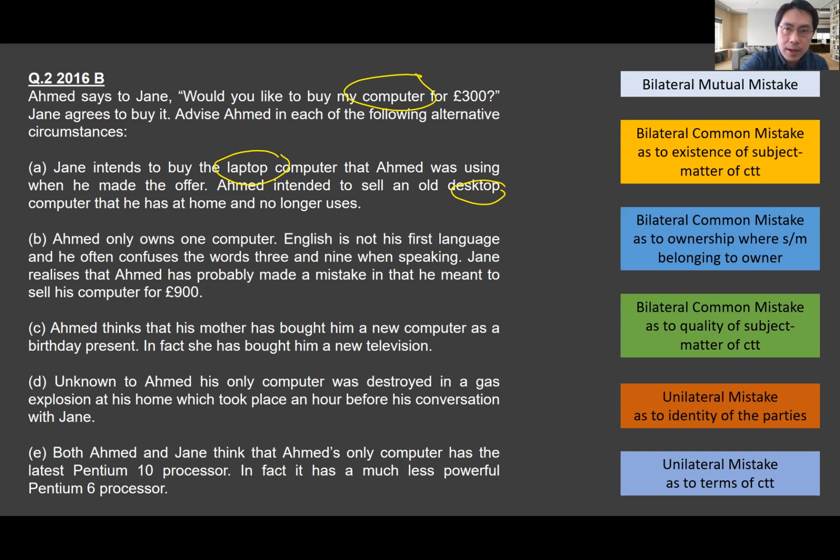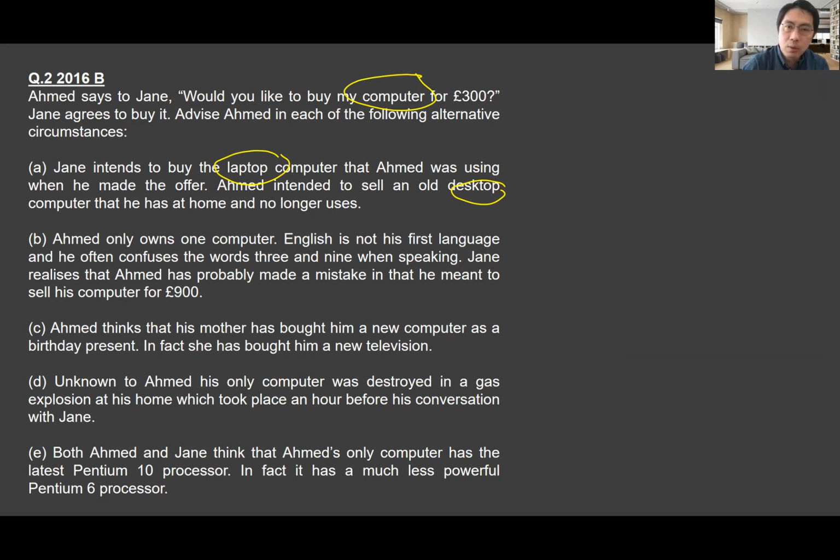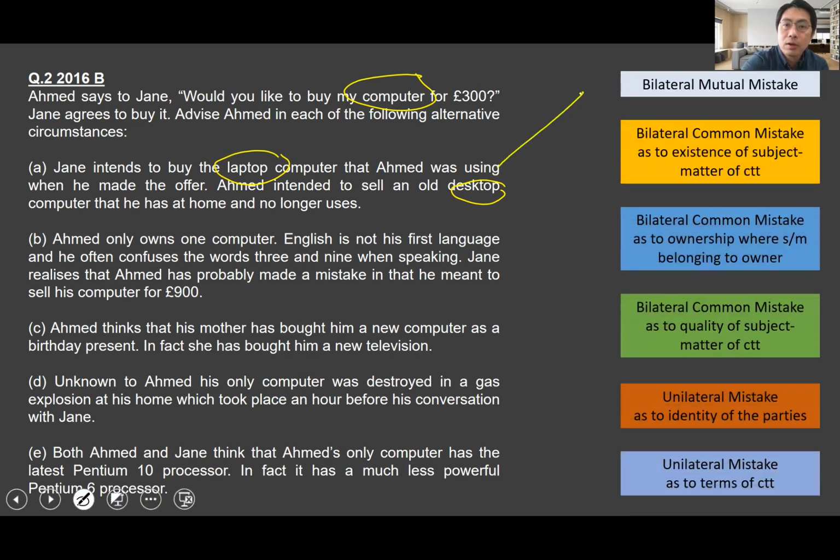And this would be bilateral mutual mistake, which is also known as a cross-purpose mistake. We are both mutually mistaken. I thought that I am selling you a desktop. You thought that you are buying a laptop. We are both mistaken, that's bilateral, and it's mutual because we are both mistaken as to a different aspect of the subject matter. And the computer could mean this or that. We are both mutually, respectively mistaken. That's part A.